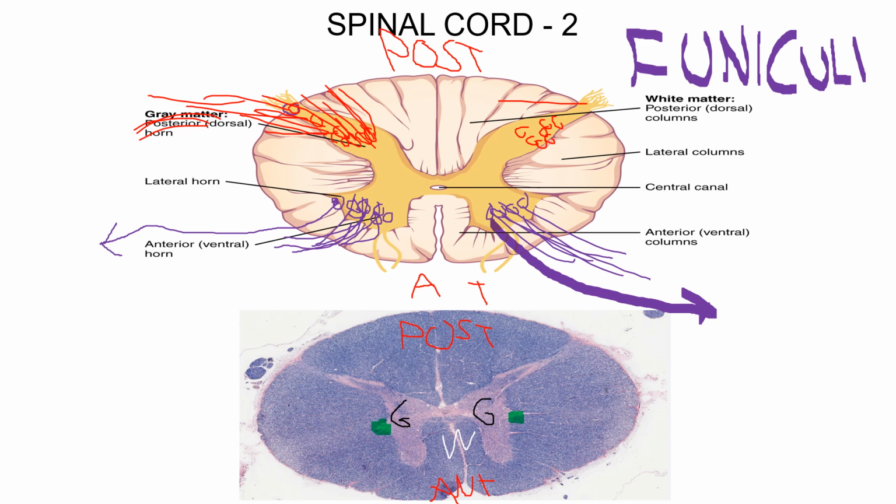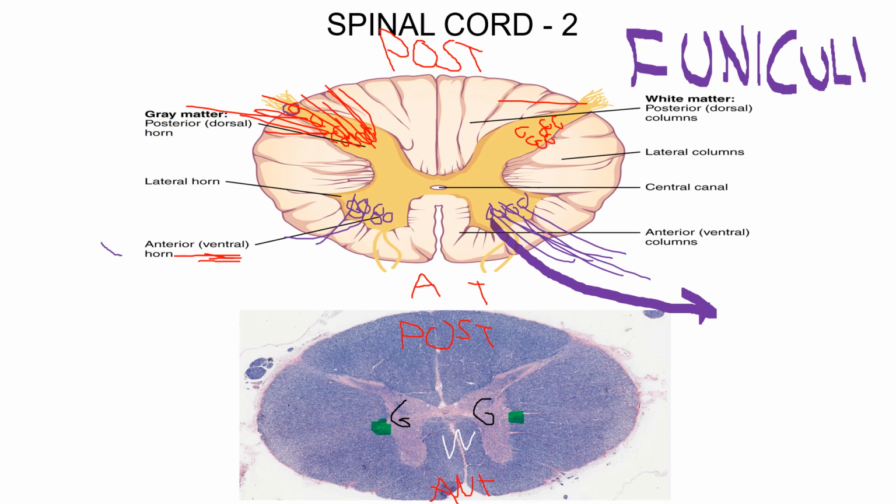But the lateral horn is going to be more of our fight or flight or rest mode, our chill mode. It's going to be more of our involuntary organs, where all of your skeletal muscles are going to be more of the ventral horn. Again, we'll have a whole chapter on that at the very end of the semester. Just wanted to point it out so it's not new information when we get there.